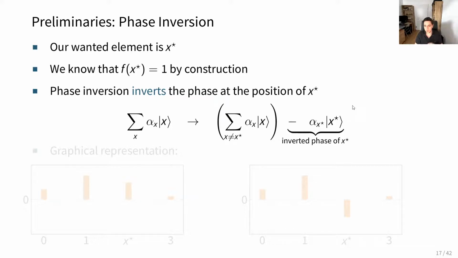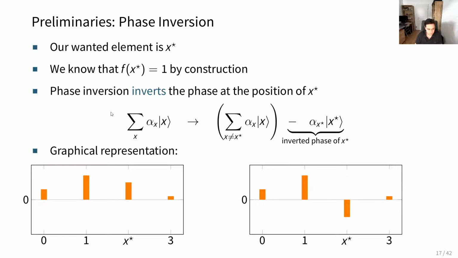To show it graphically, if we have only 4 elements and we're looking for the third one, that is 2 here, then if this is the input, everything we're not looking for, 0, 1, and 3, stays the same, but the element we're looking for gets its amplitude inverted. That's what happens here, x star.